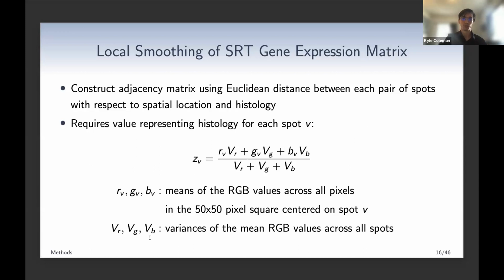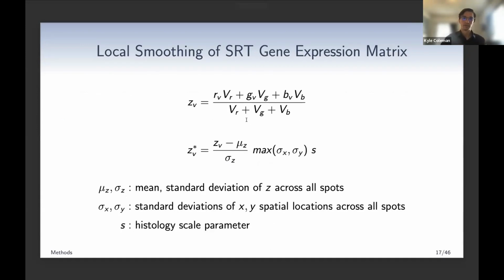And the reason that we do this is we want to give a higher weight to the channel that has the greatest variance across all spots in the data set, because this channel shows the greatest deviation and therefore will have the most meaning in differentiating different spots based on histology. We then divide by the sum of the variances in order to normalize this value as well. So that's how we get our initial value z_v here.